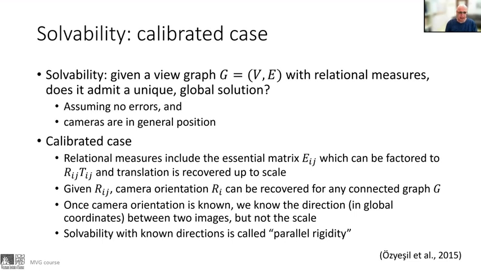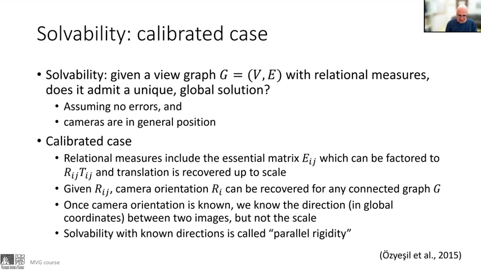Given Rij, camera orientations Ri can be recovered, and for any connected graph, you can convince yourself that there is no question of rigidity on the rotations. The orientations can be determined for any connected graph. You simply start with the first node's rotation being identity, and then you propagate the rotations.